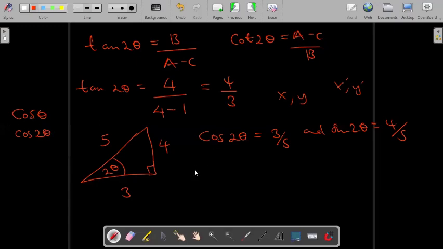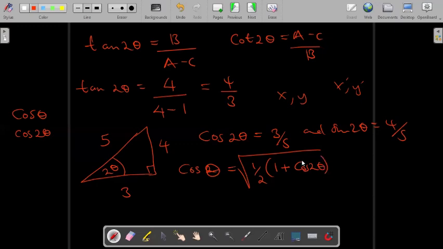But from my first year, I remember the formula that if I have this cos 2 theta, I can find my cos theta using the formula where I just say this would be root of half times 1 plus cos 2 theta.